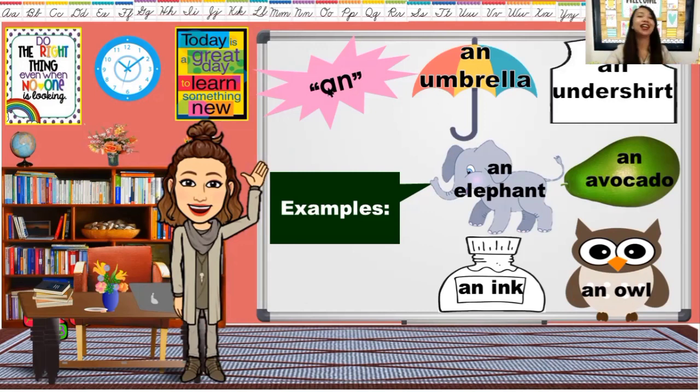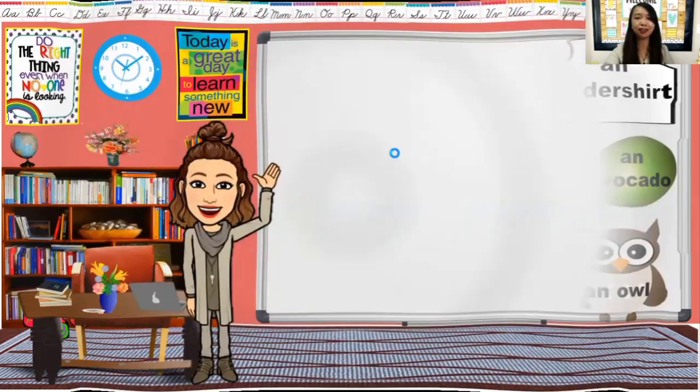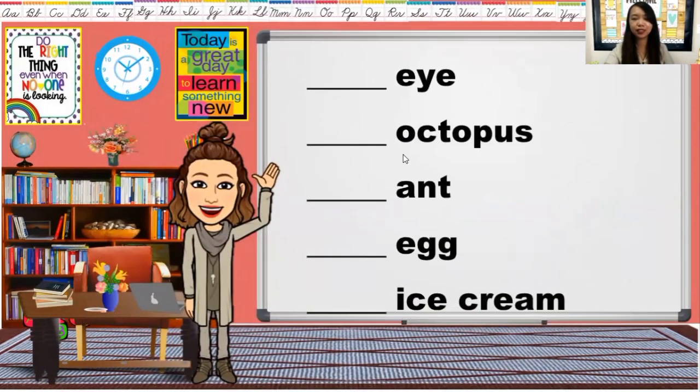Okay, now let's have this activity here. Okay, so we are going to put if it's a or an. Okay, let's start. Blank eye. Okay, what's your answer? The answer is an. Okay, very good. An eye. Another one, an octopus.